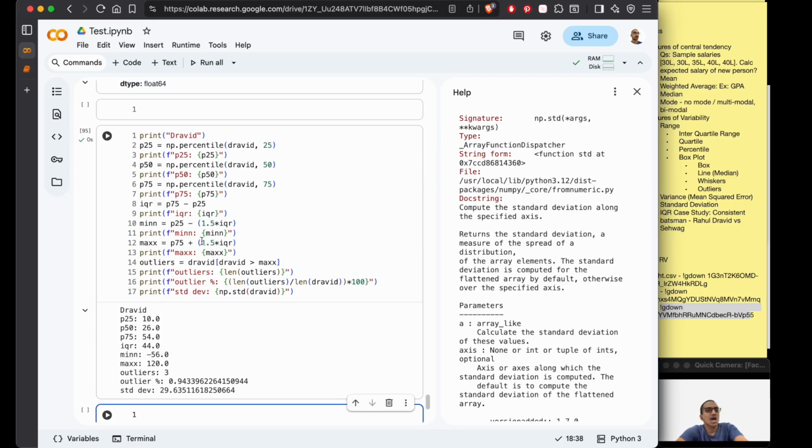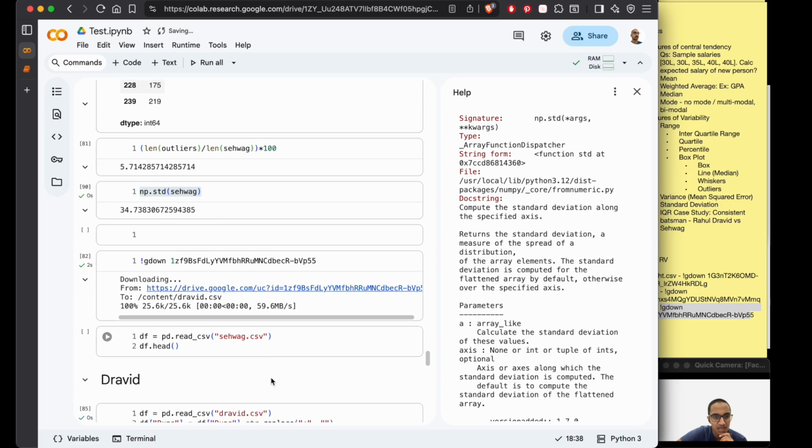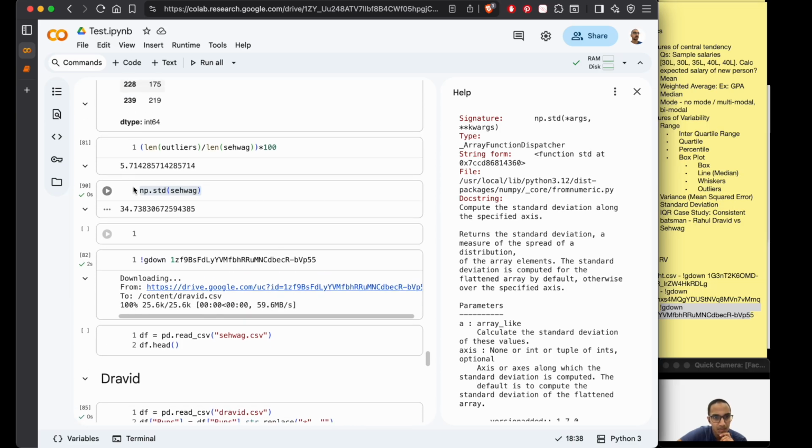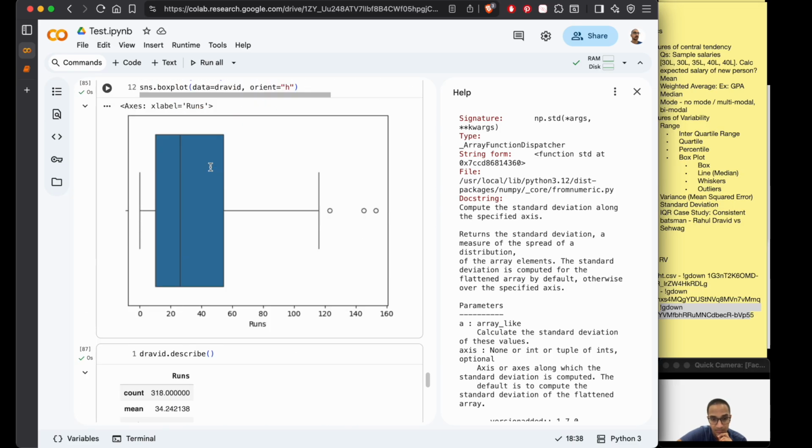So as you can see here, the outlier percentage is 0.9, which is less than 1%, right? While Sehwag has around 5.7, around 6%.